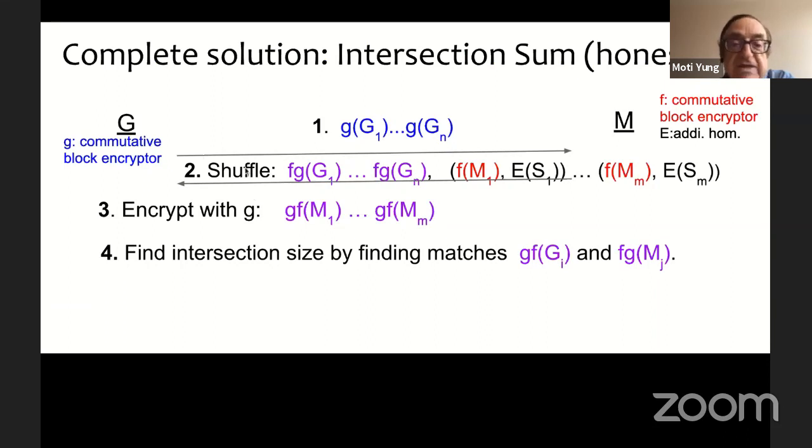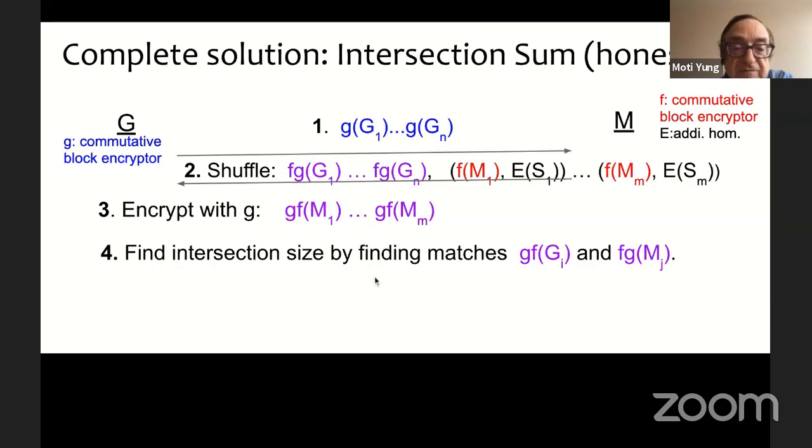If M shuffles it, G loses the original values and only counts the number of matches. Of course, everything is proven, I'm not just saying it. And this is a way to get two birds with one stone, which is always good for practice. If you can, with a little change in the protocol, get it to be multi-use, it's good.